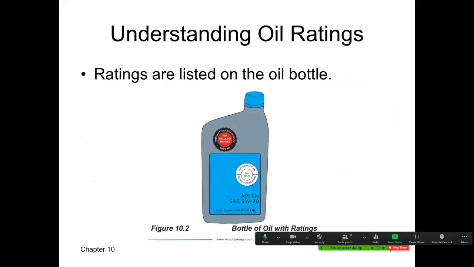So now we're on this SN, and I can't remember exactly what the next one is, but we're beyond the SN rating now. Also, you're going to see that we have an SAE. API stands for the American Petroleum Institute, and SAE is the Society of Automotive Engineers. These are just a couple of different ratings that we have for engine oil.